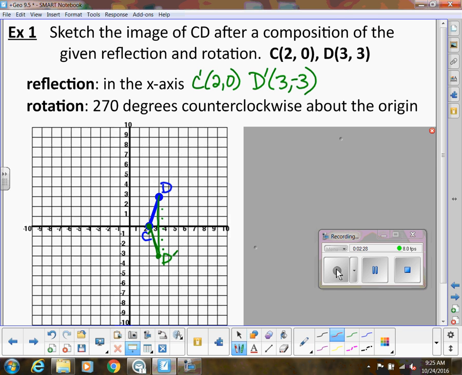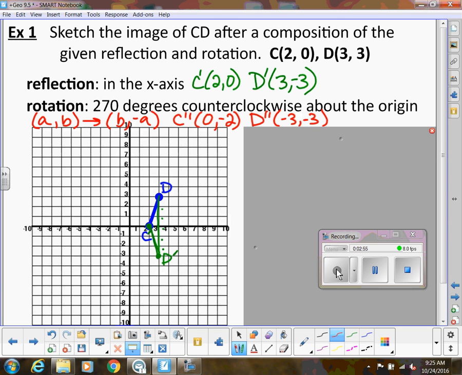Remember that the rule for 270 is I'm going to switch them and then make the new y coordinate the opposite. So for my C double prime, I would switch them, and then now this 2 would become negative. For D double prime, I would switch them, and then that 3 in the y coordinate would change from positive to negative.